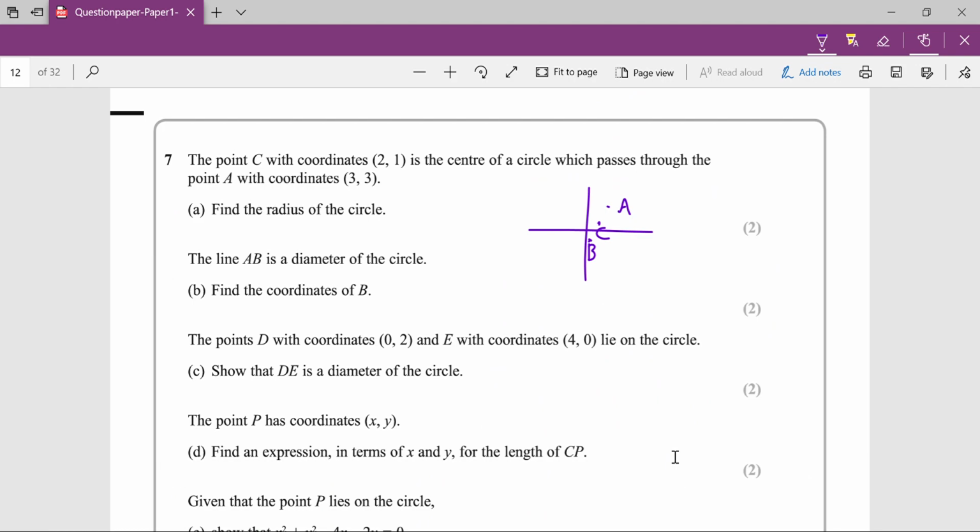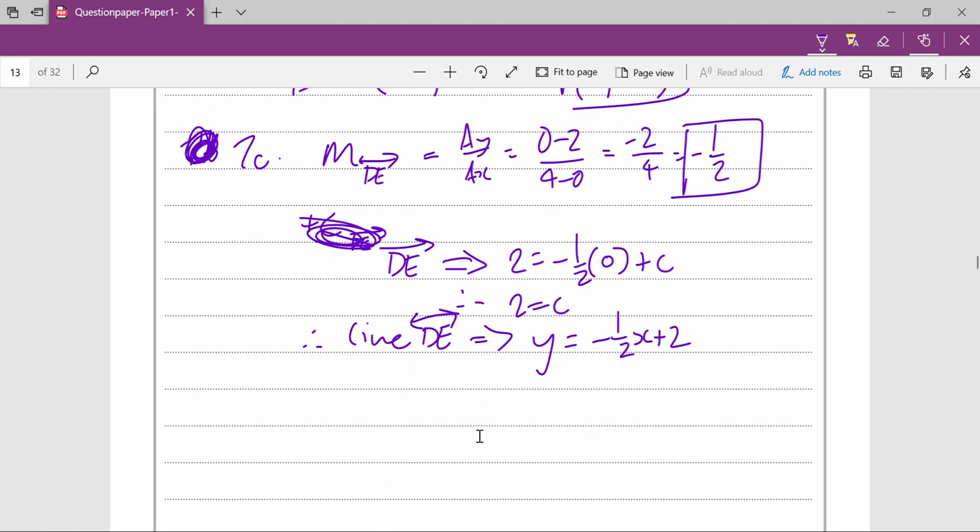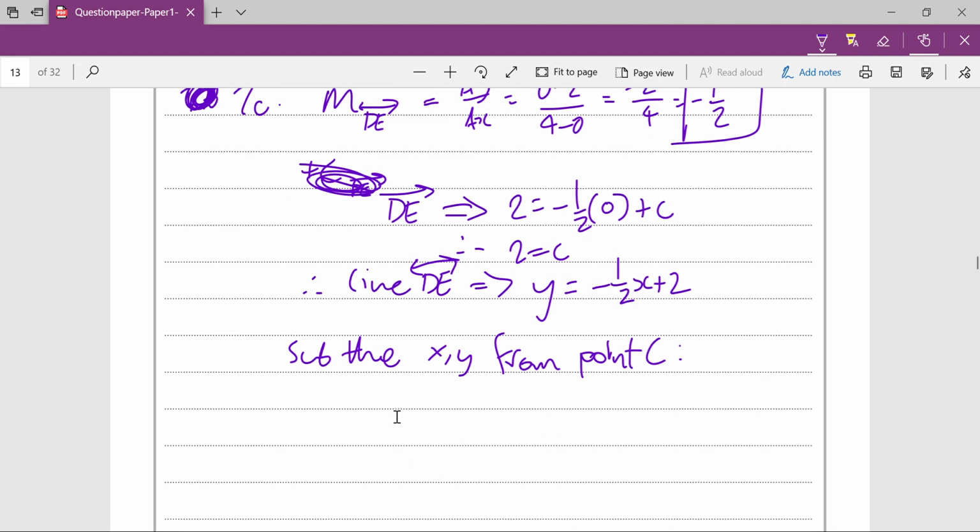And so we have to show that the point C lies on the line DE. If we substitute the x and y values from point C, which is the center of the circle, we have our y value, 1, must be equal to negative 1 over 2 times 2, which is our x value, plus 2, or 1 is equal to minus 1 plus 2, 1 is equal to 1, which holds true.